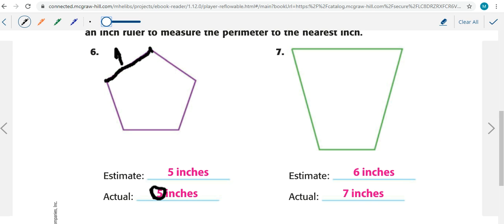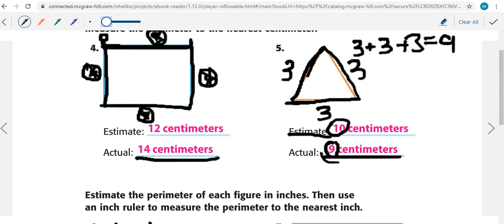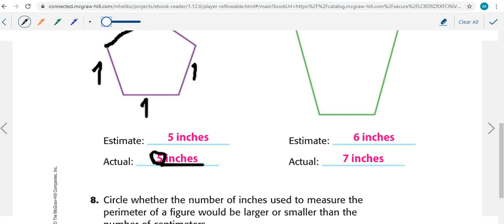From here to here, another inch, plus another inch, plus another inch, plus another inch is 5 inches. Can you see that inches is a lower number than centimeters? Why is that? Because inches are larger than centimeters, okay?